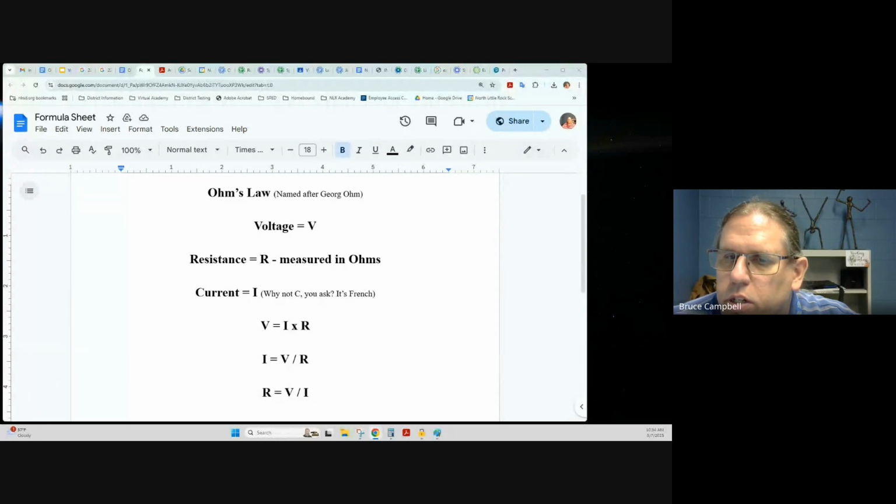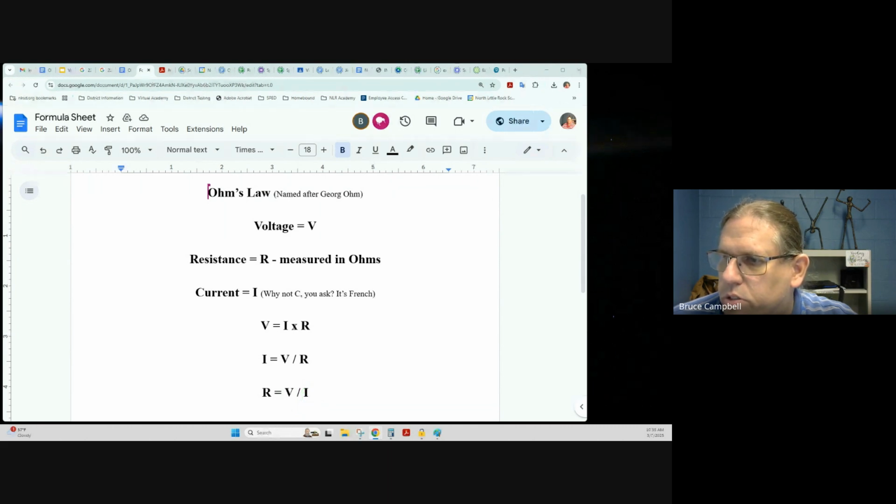If we wanted to know the current, but we know voltage and resistance, we divide voltage by resistance, V divided by R. And if we want to find resistance, but we know voltage and current, divide voltage by current.